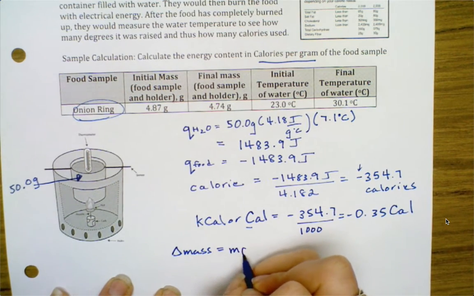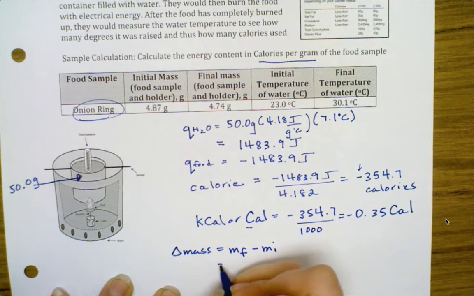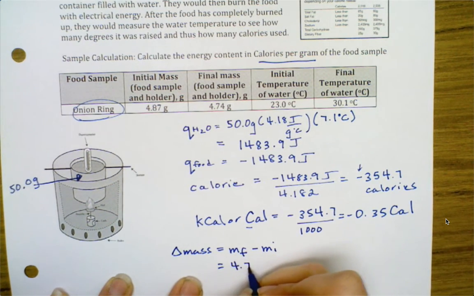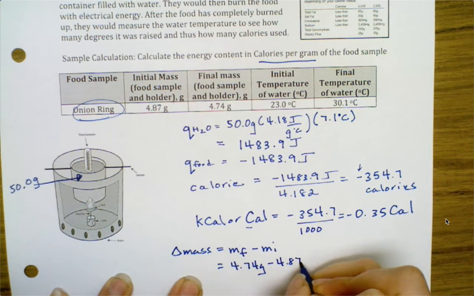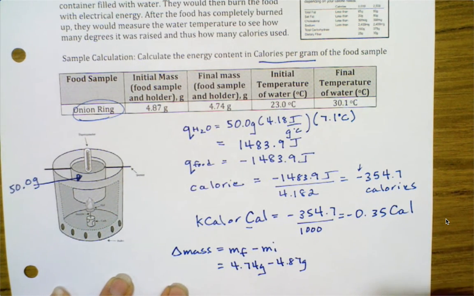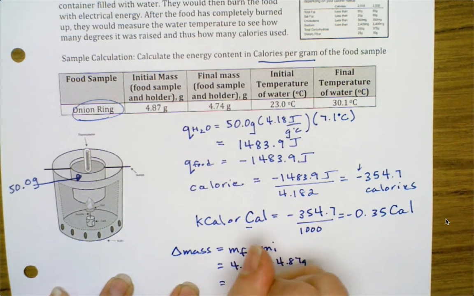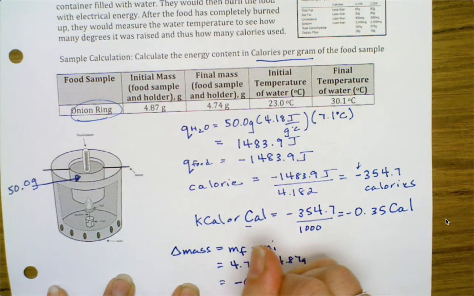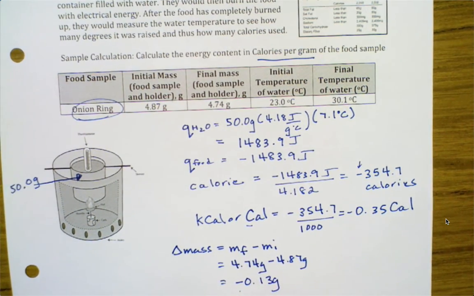Just as we do change in temperature, it's final minus initial. So I'm going to take 4.74 grams, subtract 4.87 grams, and what we end up with is a change in mass of negative 0.13 grams. Notice that this is a negative, and that's not by accident.